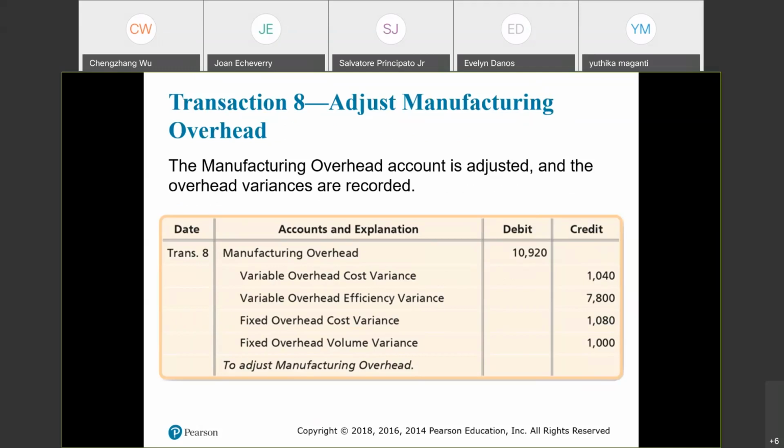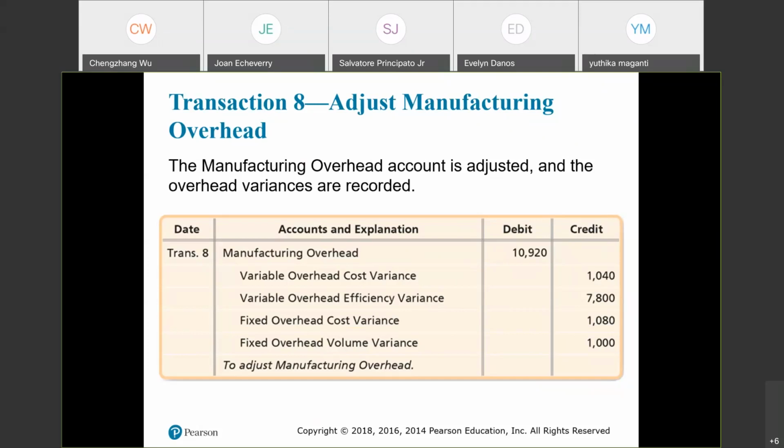The debit to manufacturing overhead indicates that the actual overhead cost debited to the account was less than the allocated amounts credited to the account, and overhead was over allocated.